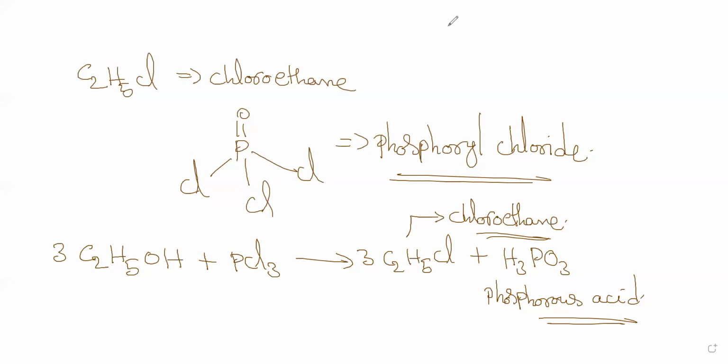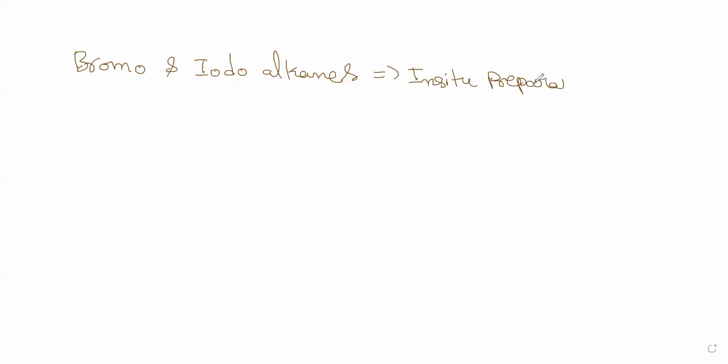Yes, sir. Now, how do we prepare bromo and iodo alkanes? To do that, we do what I explained earlier in the last class, called in situ preparation. In situ preparation method is used for bromo and iodoalkanes.